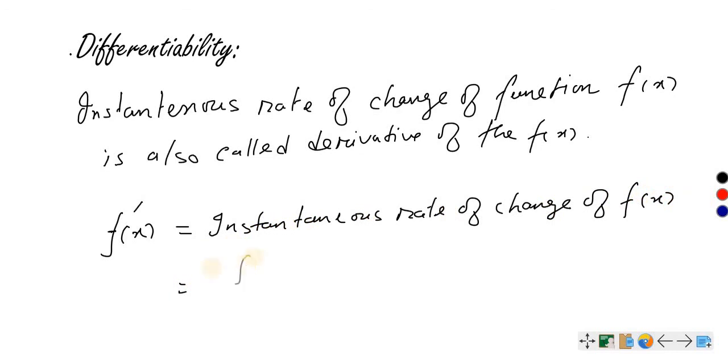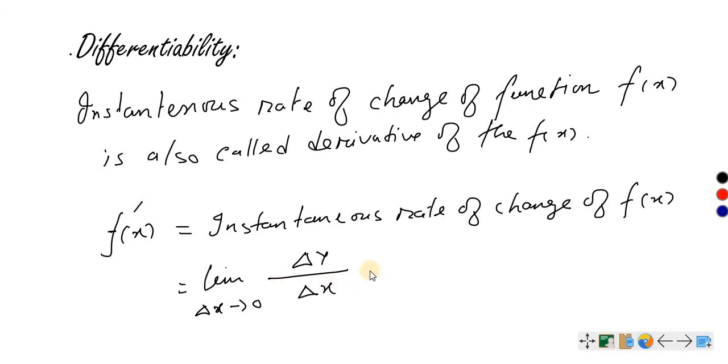We have already learned, that is limit del x approaching 0 of del y by del x. This is the average, and this average becomes instantaneous when we limit the function to a particular point, or when del x approaches 0.